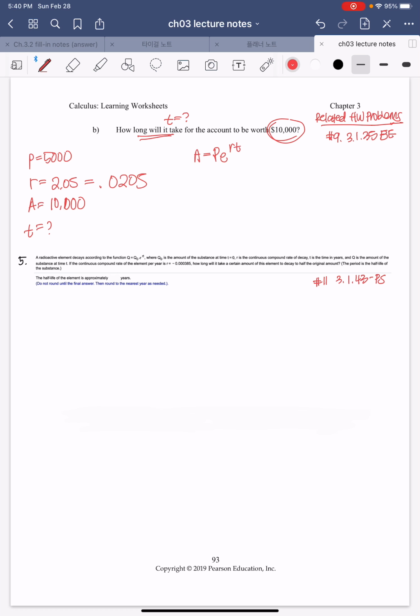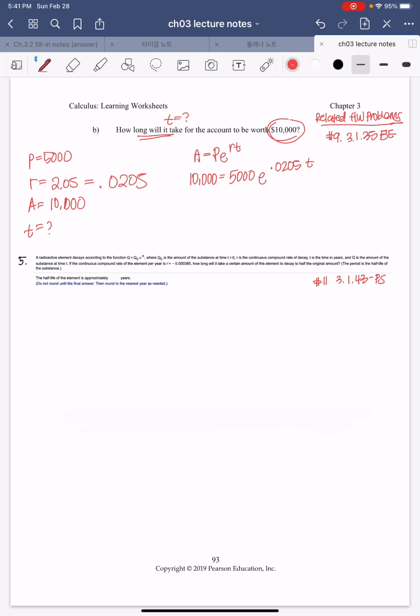My final amount is 10,000. I want it to be 10,000 with starting money P of 5,000. And then e raised to the same rate, 0.0205. And then T is the question. I don't know how long it will take.